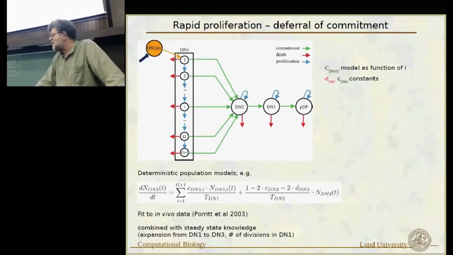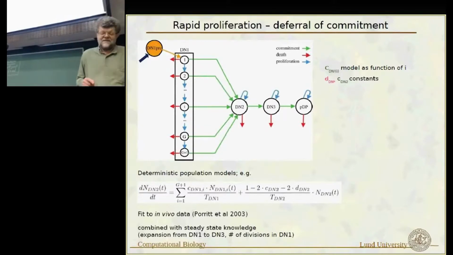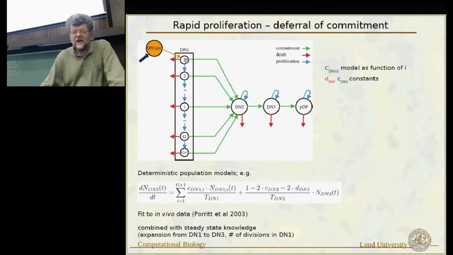We have surface markers for DN1, but it's clear that with normal division cell cycle times, a lot has to happen, and it can be that you make asymmetric divisions here, that someone progresses to DN1 and the other one goes on and someone dies.